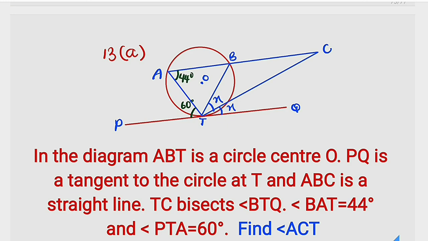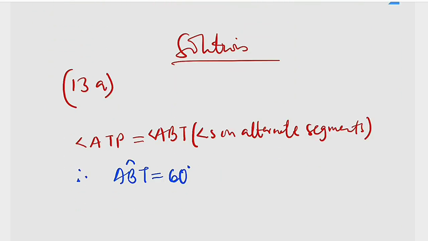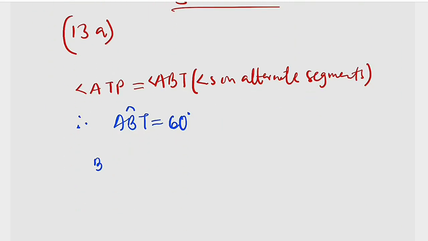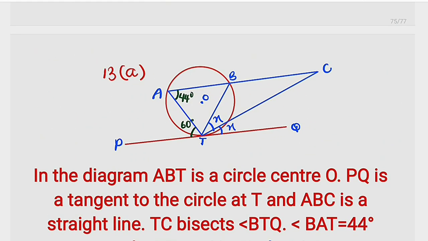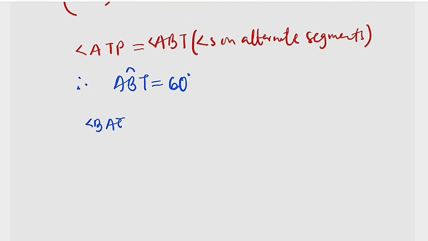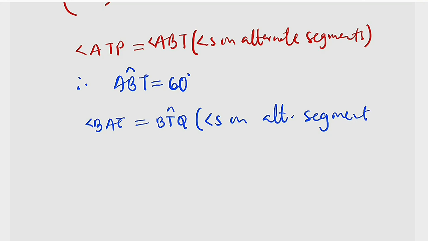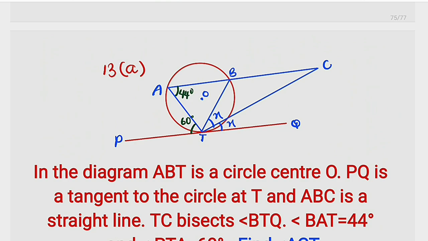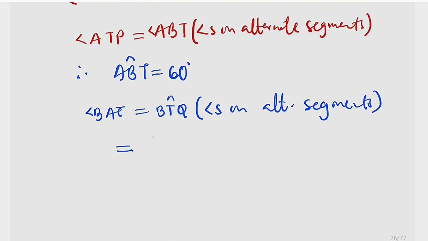So we say that BAT, let me write it, BAT is equal to BTQ. You state the reason, angles on alternate segments. Therefore, angle BTQ will be 44 degrees, right?